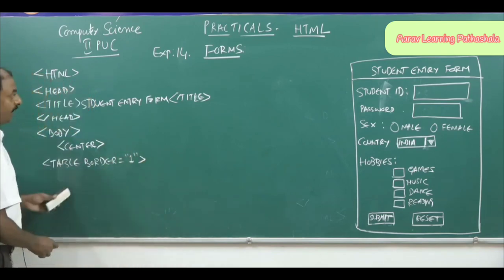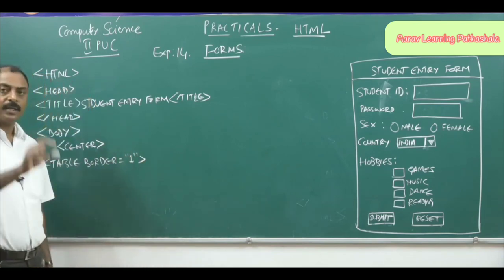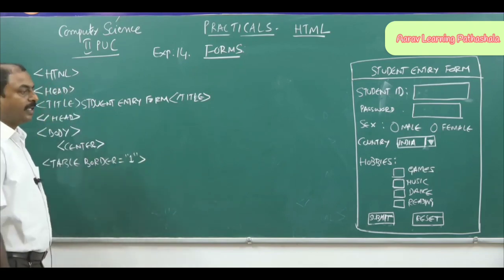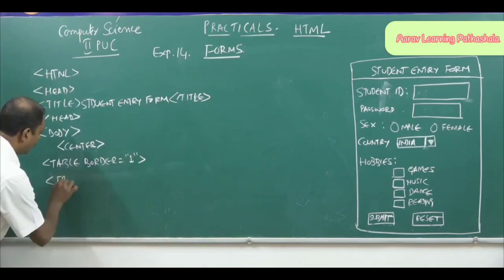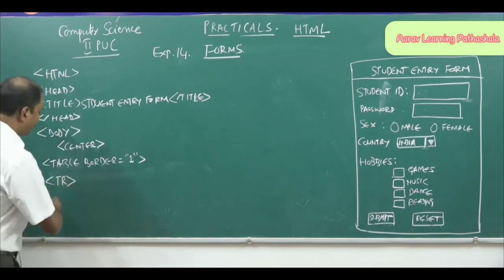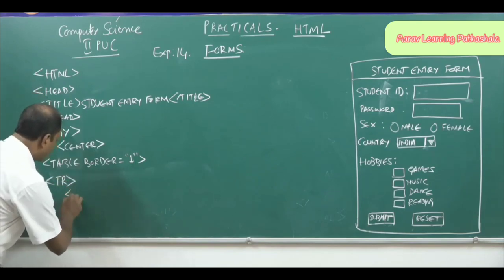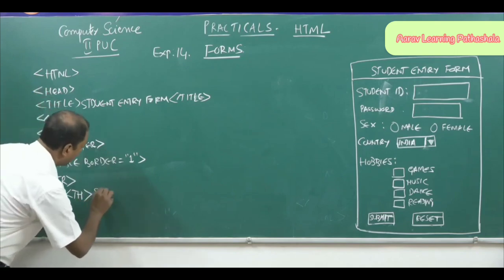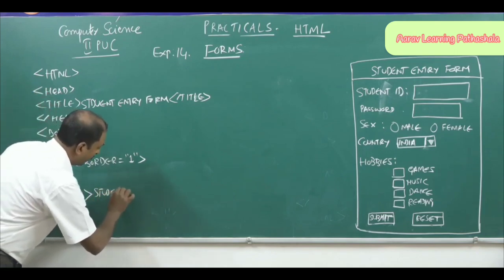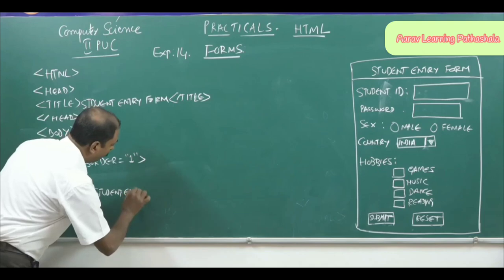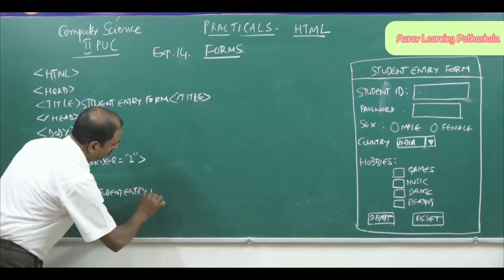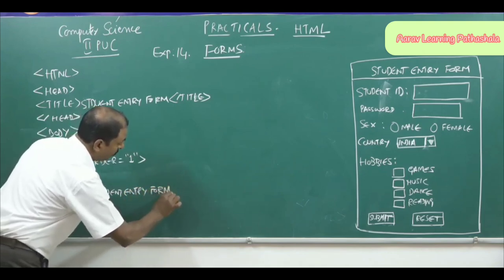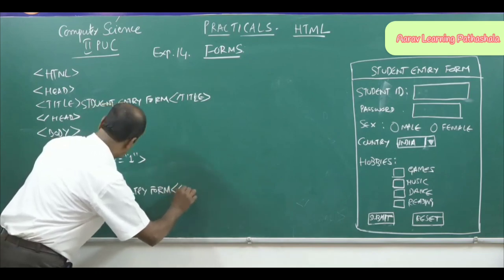Next we have to display the heading, student entry form, in a table row as the first line. Under this you can have TH, the table heading tag. I can write student entry form, and then close this heading tag.